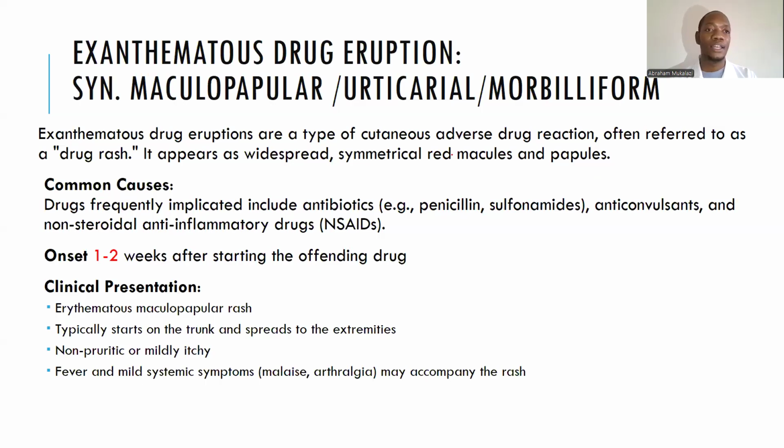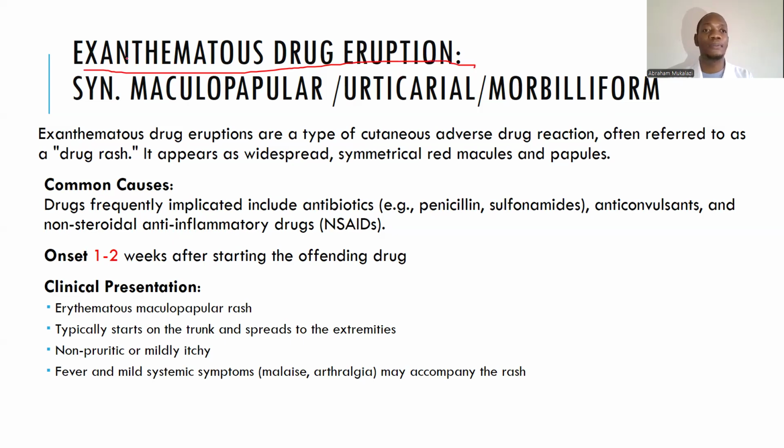So if you start with the very first type of this drug reaction, the one we call a drug rash, it's also called a maculopapular, urticarial, or morbilliform drug eruption, but the main name we call it is exanthematous drug eruption.